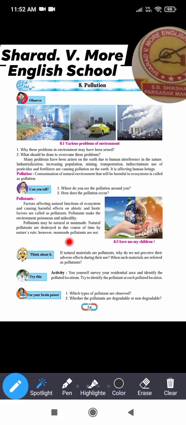Meaning, these man-made pollutants are not destroyed on time, but natural pollutants are destroyed by nature itself. Natural pollutants are destroyed easily by nature. But man-made pollutants, like the use of polythene, are not destroyed easily in nature because it is a man-made pollutant.